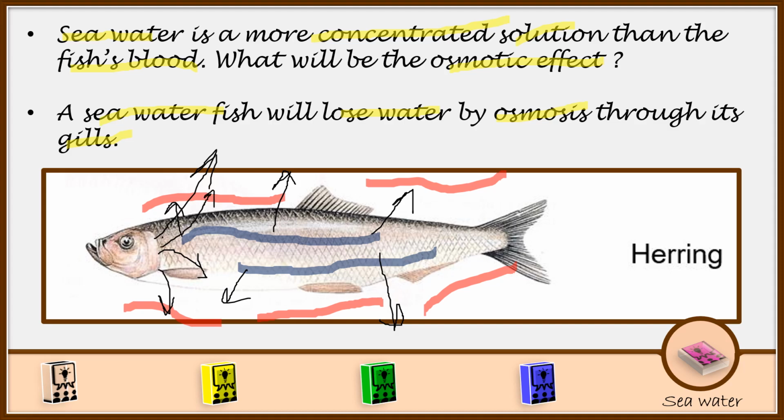Because there is less water outside the fish and more water in the fish, or a low concentration of salts in the fish and a high concentration of salts outside. So water will flow through the gills, going out of the body of the fish.